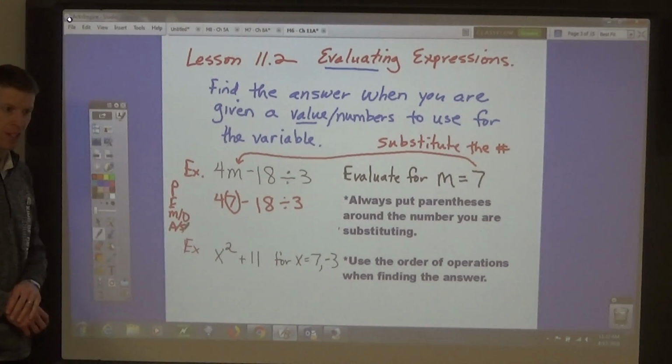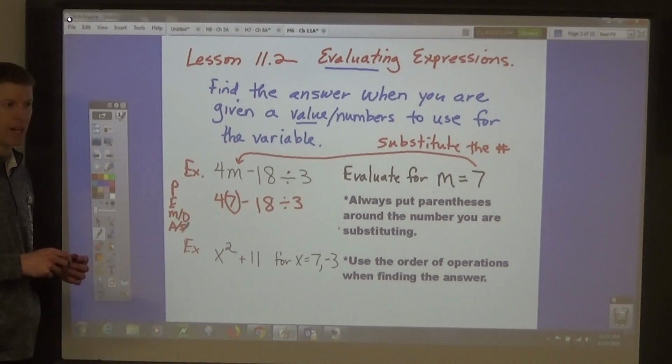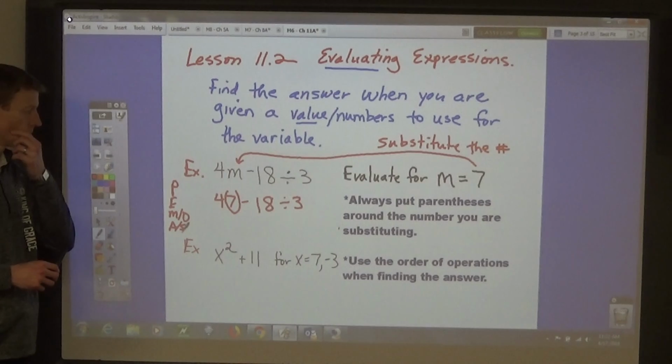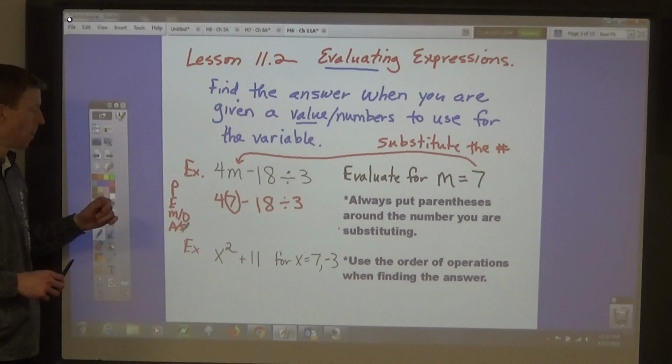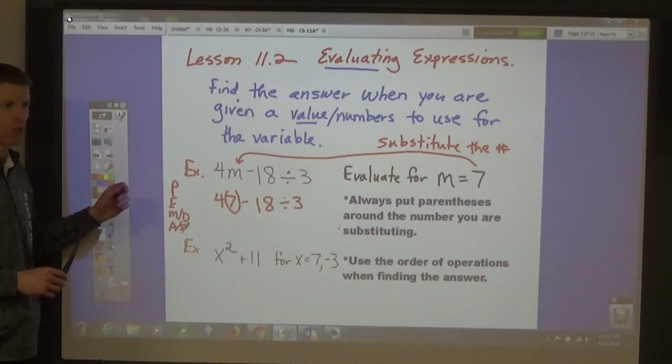Addition and subtraction are in the same step. So what should we do? Can we just go left to right? No, because that's not the rule.